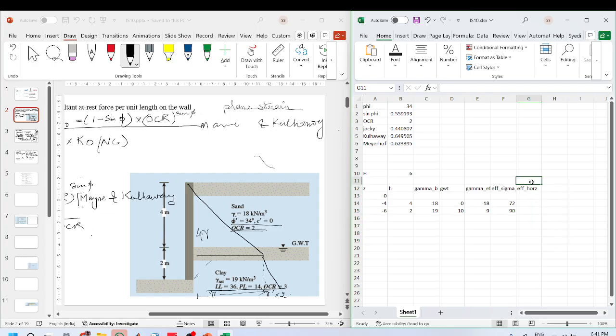So using K naught 1 and K naught 2, the lateral load will be here, and the lateral load here will be this multiplied by this.